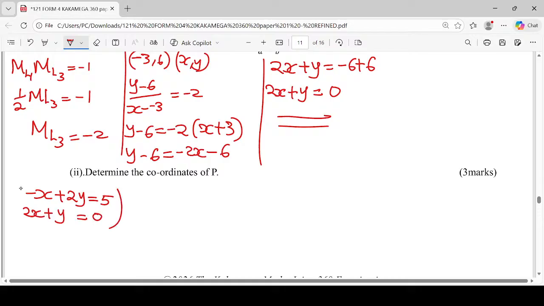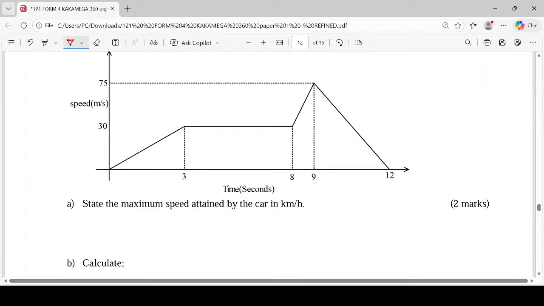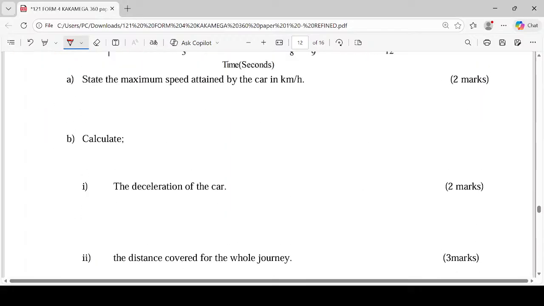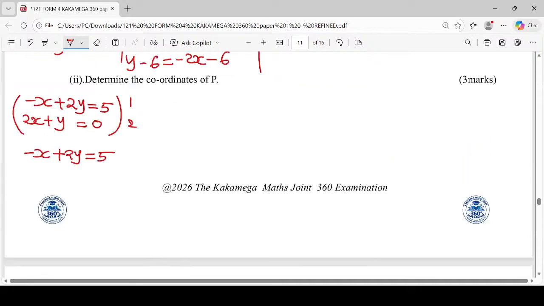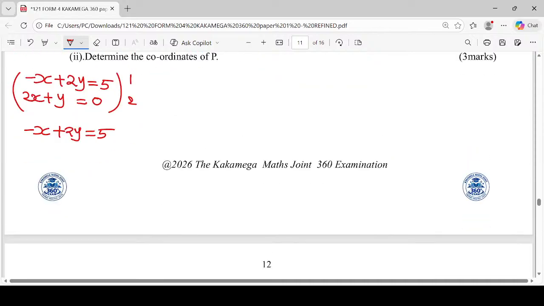I can eliminate y by simply multiplying here by 1, this by 2. So the upper equation will just remain as -x plus 2y being equal to 5. Then the lower equation here will now become 4x plus 2y is equal to 0. Then you can eliminate the y by doing subtraction.